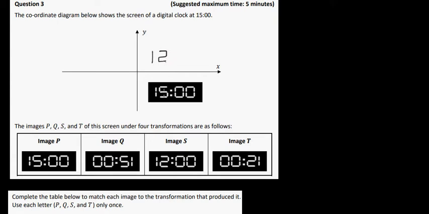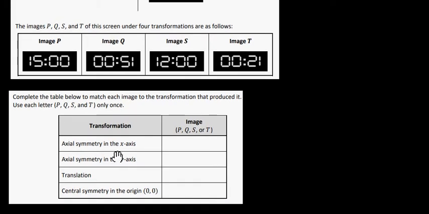If you imagine that reflecting up here, your 2 dots here would remain the same and the 2 zeros would remain the same as well. So it's like a 1200 if you like. So that would be image S here, image S. So let's just write that in here. So axial symmetry in the x-axis is the first one, S here.